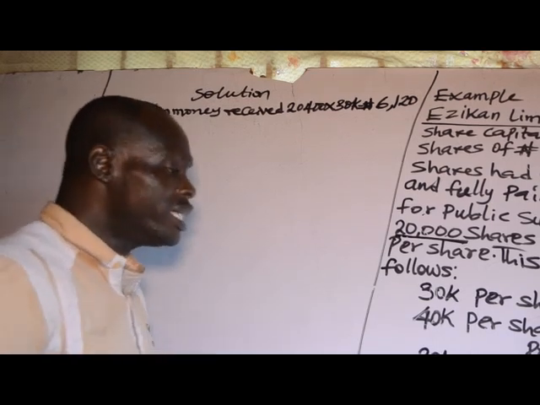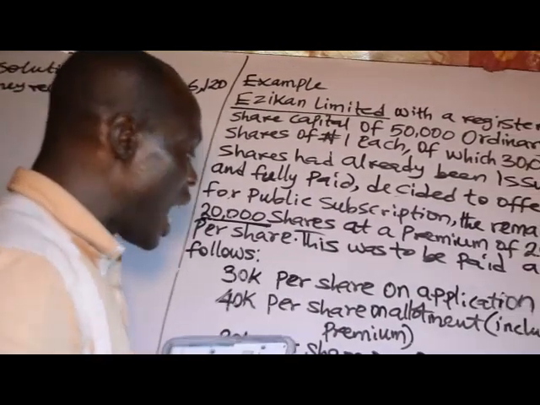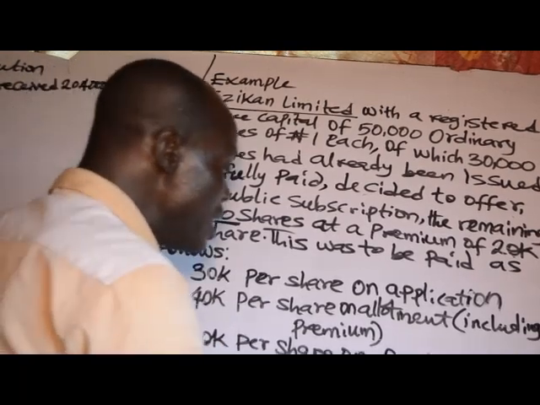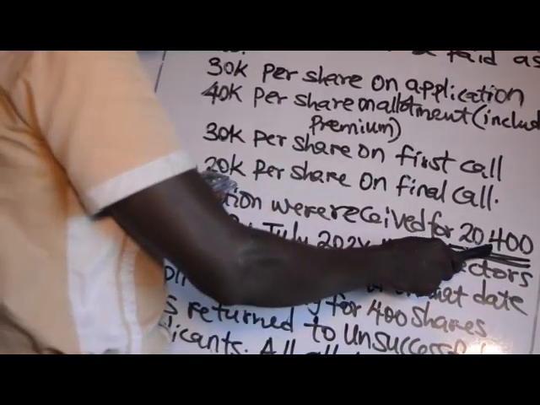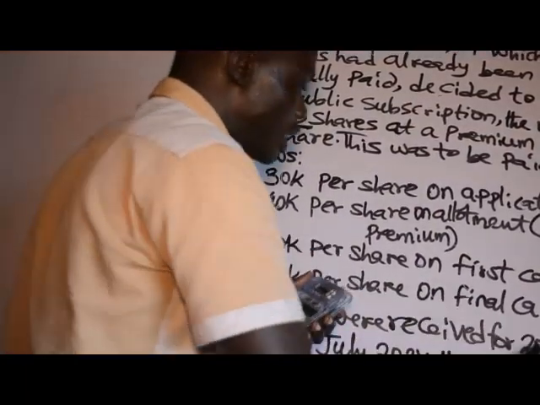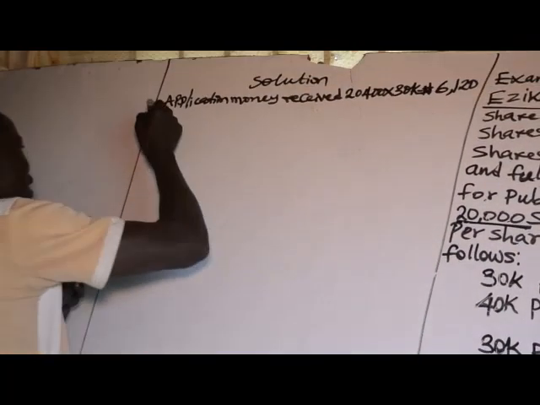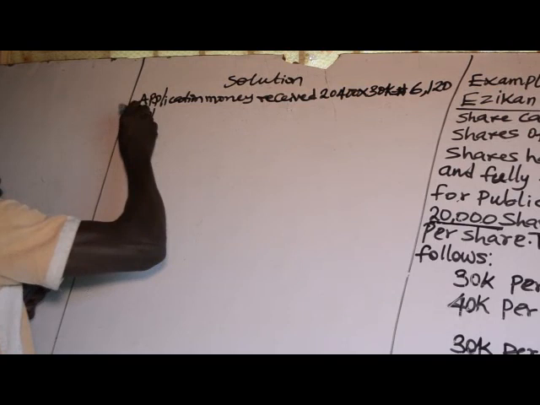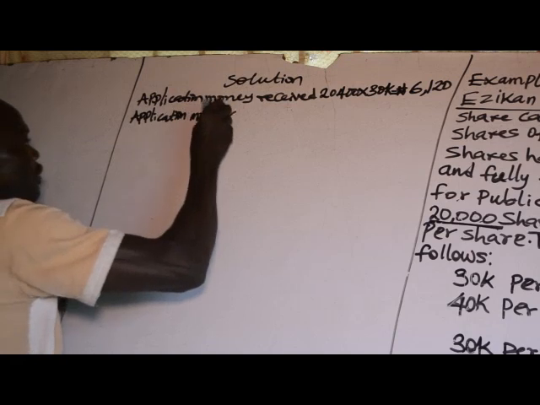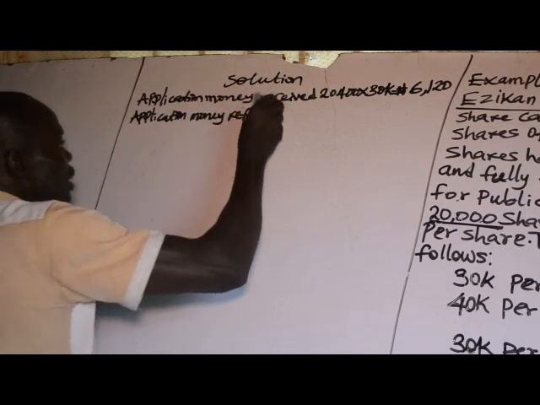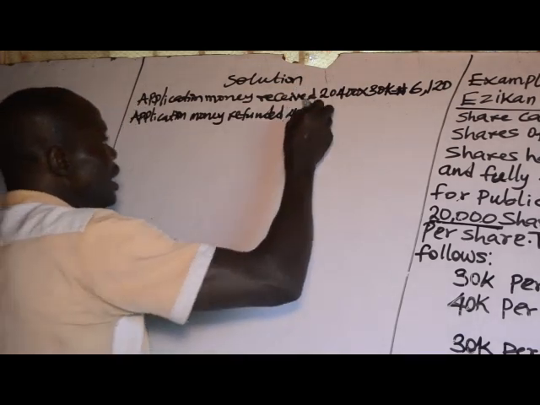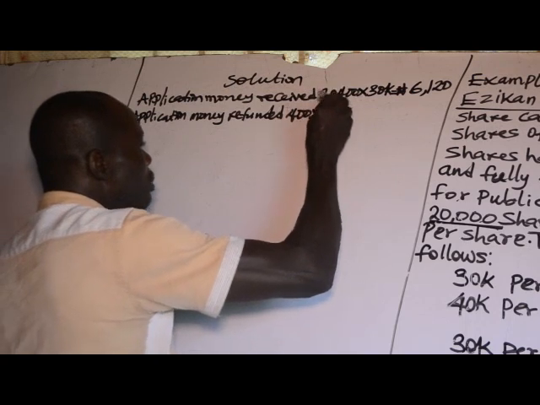Now, since there is an excess application of 400, the amount received on application for those shares will be returned to those applicants whose applications were not successful. So, application money refunded: 400 shares times the amount received on application, which is 30 kobo.